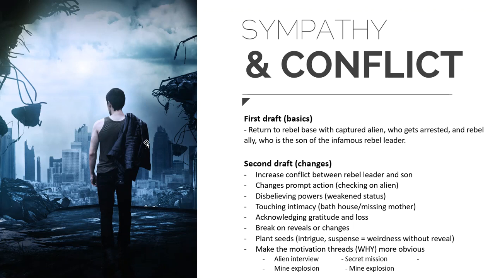So the first time that she meets his father, she doesn't know any of this, but it's going to be a reveal. His father, the rebel leader, would recognize her at least by name when she comes in and introduces herself and says her name.